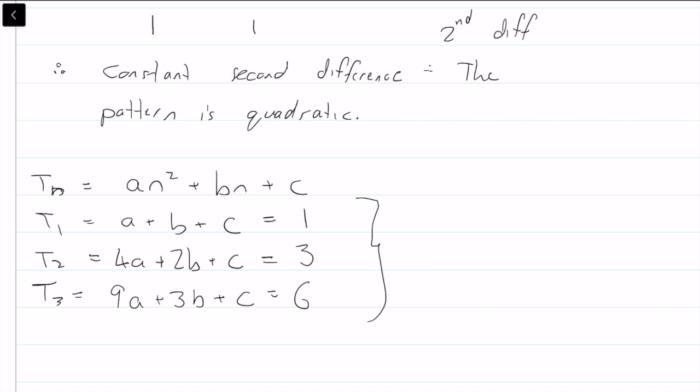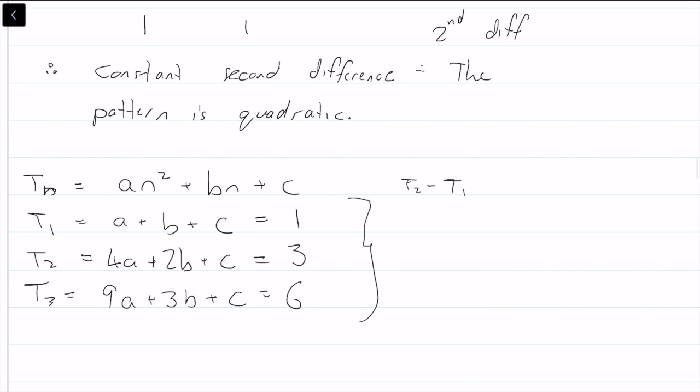The first thing I'm going to do is take T2 minus T1. So it's going to be 4a plus 2b plus c equals 3, and then I'm going to subtract from that a plus b plus c equals 1.